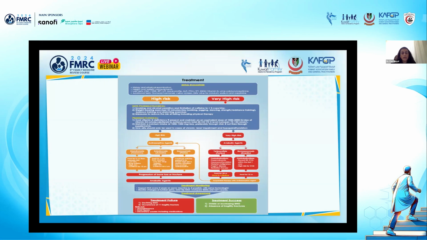This is done by repeating the DEXA and looking at the patient's BMD every 2 years. It is very important, if possible, to use the same machine, the same setting, and the same technologies.